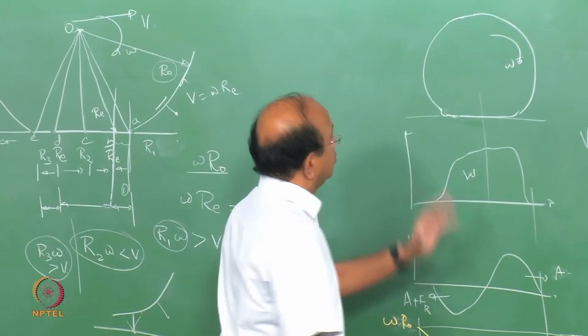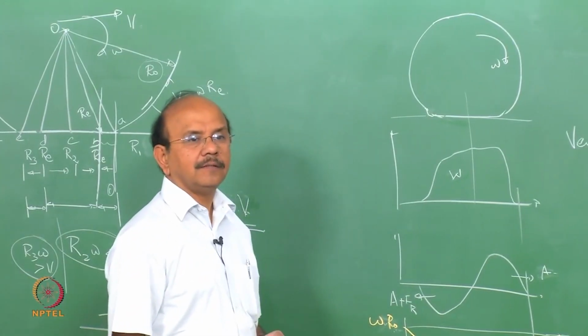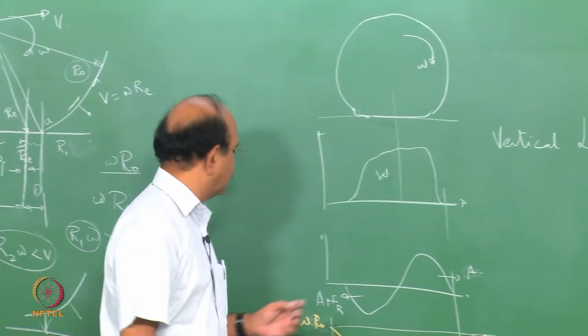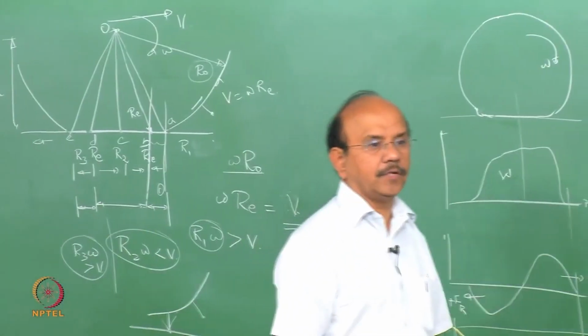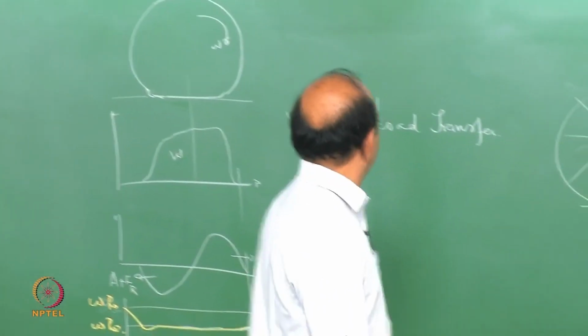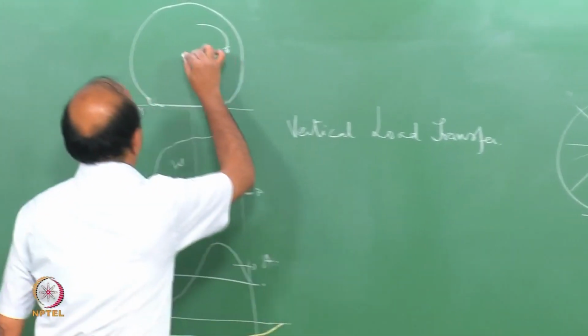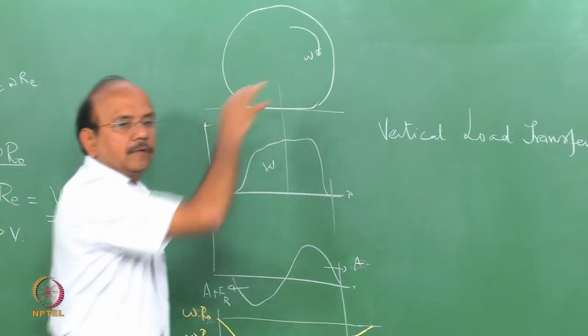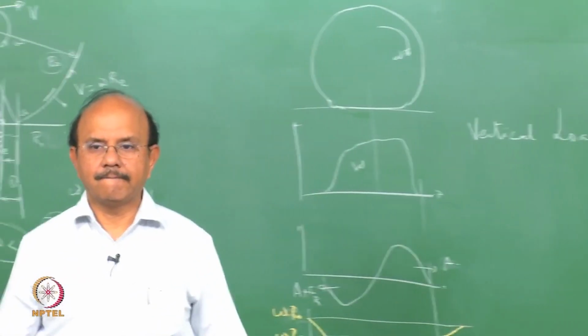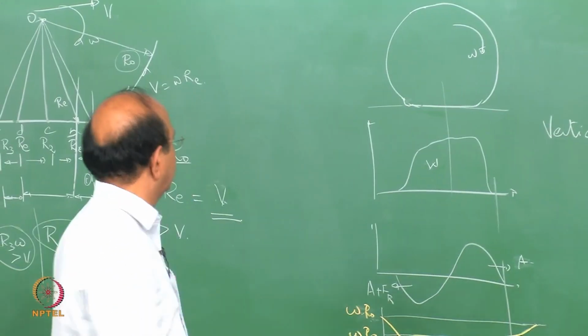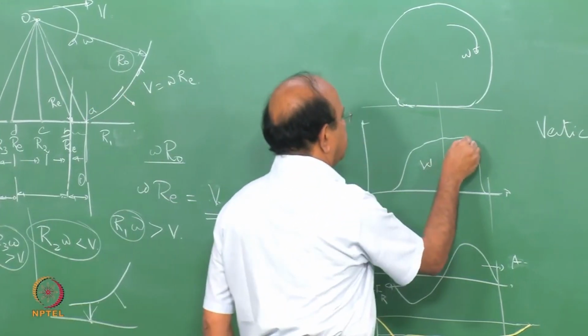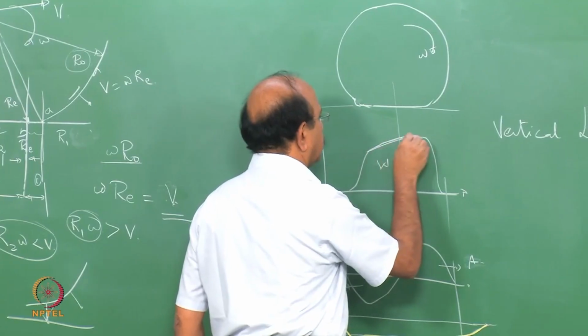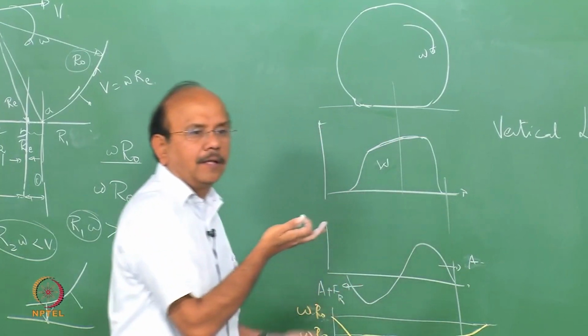Now let us come back to this figure and understand what we meant by slip and what happens here. Let's say that's how the wheel rolls, and there is a contact patch which is developed under the road.